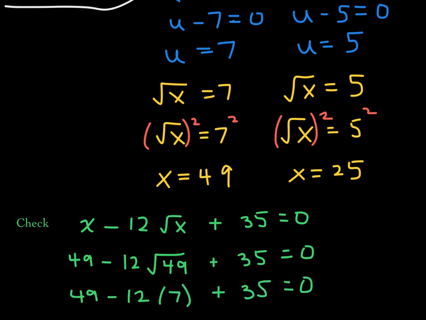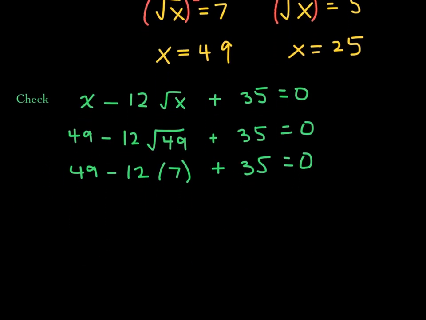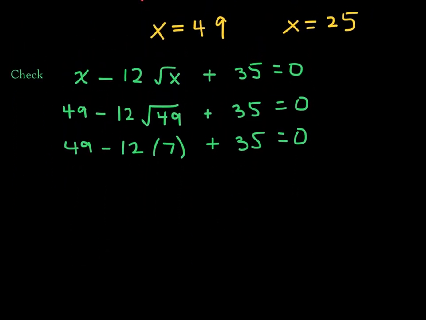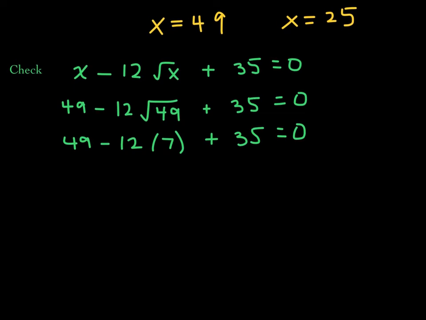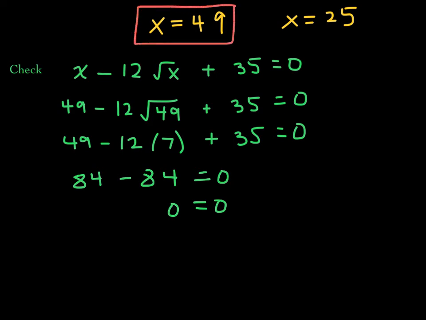I'm going to add these positive numbers first. 49 plus 35 is 84, and 12 times 7 is also 84. 84 minus 84 is 0, so this definitely satisfies the equation. x equal to 49 is indeed a solution for this equation.